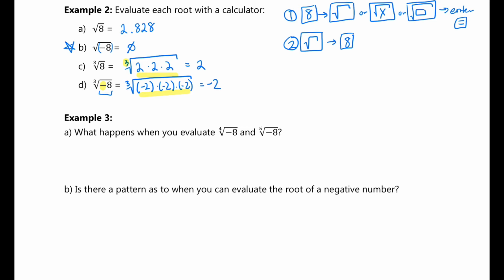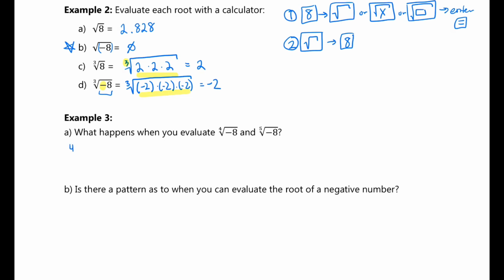Normally we first expand inside the radical, and then we look for the index number of the same factor to take out. Just like part D, even if it was -8 inside the radical, we were able to find 3 of the same factor and then take 1 out. Let's take a look at the 4th root of -8 and see if we can do the same thing.